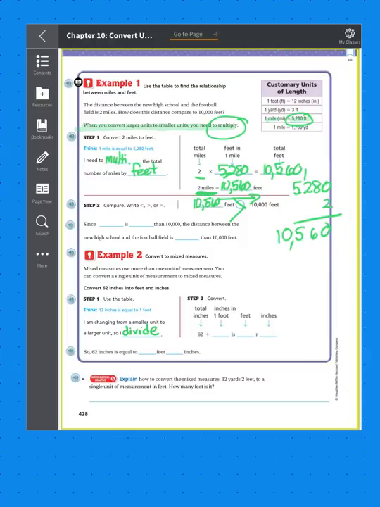So if I divide 62 by how many inches are in a foot, which is 12, I'm going to get a number. So we're going to see what you get. I get 5 remainder 2. So that means I get 5 feet and I have a remainder of 2 inches. So 62 inches is equal to 5 feet and 2 inches.